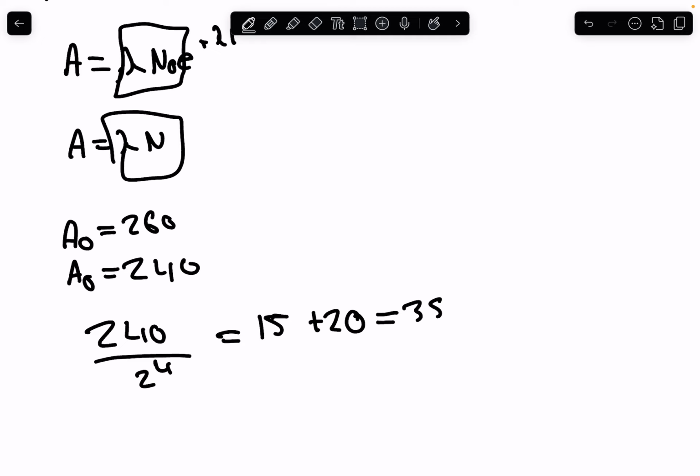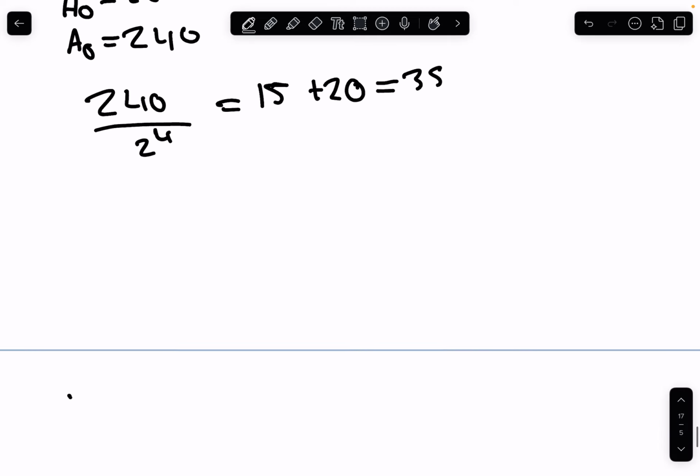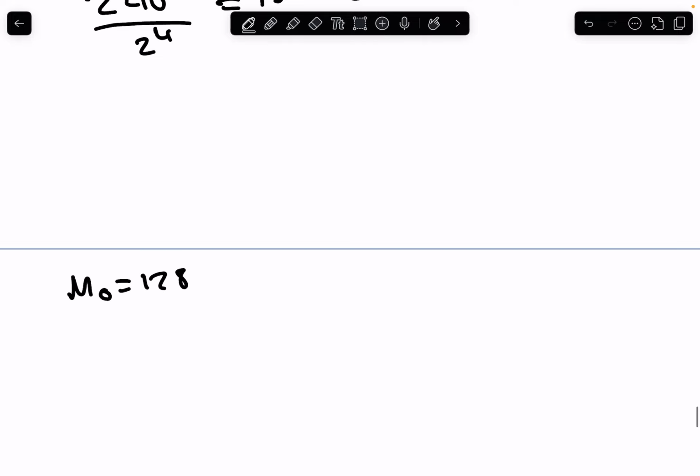The half-life of a radioactive element is 5 days. A freshly prepared sample of 128 grams of this element, so N node equals 128. And don't worry, you can actually use mass here since it's proportional to the number of moles and particles. After how many days will there be 16 grams left?